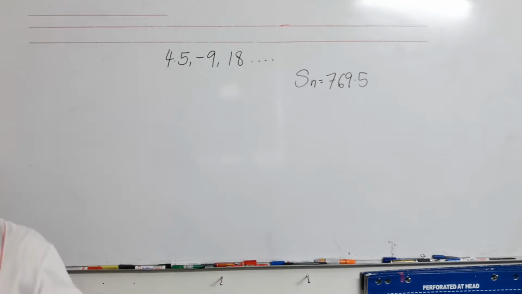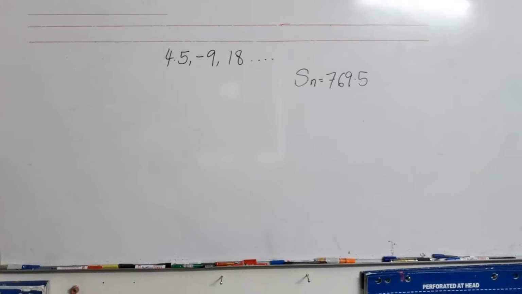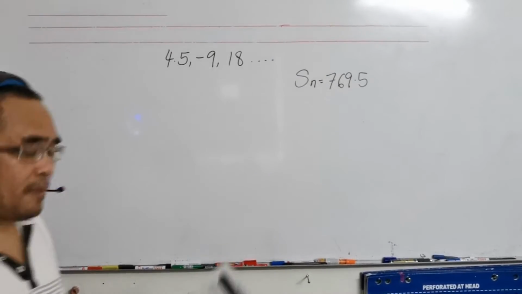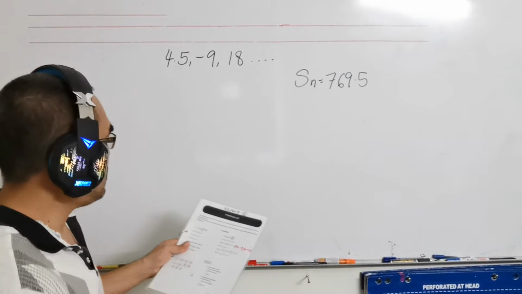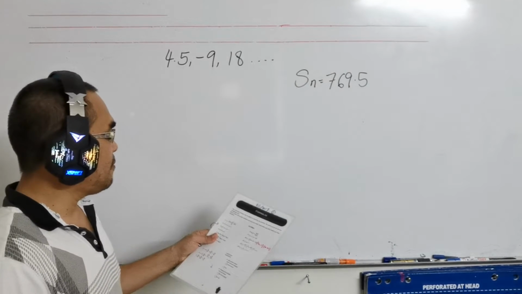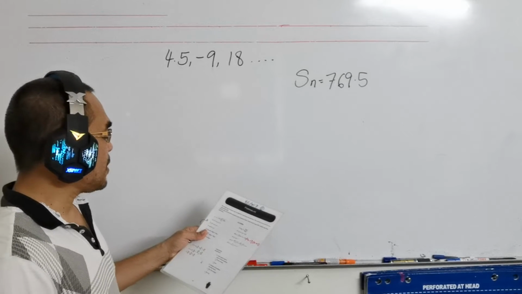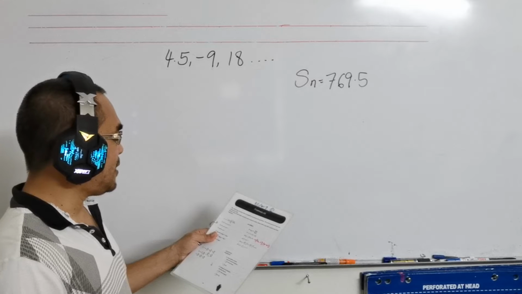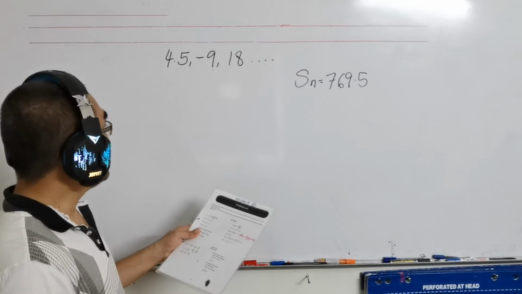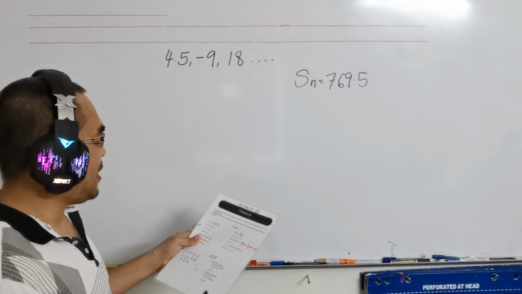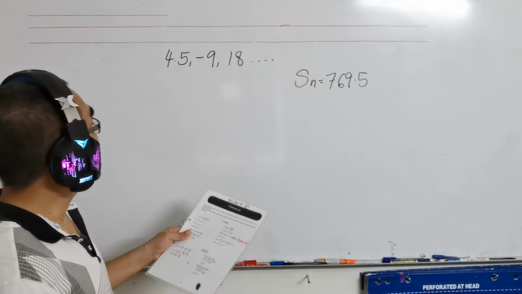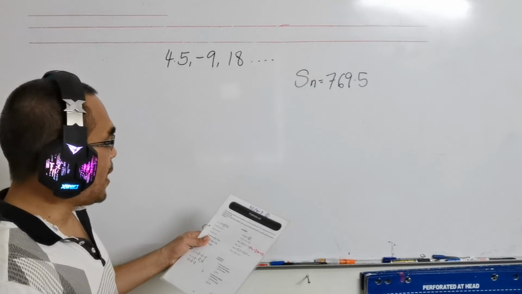Okay, so let's check out the formula for the sum of the first n terms for a geometric progression. So I would take the second one because the value of r is less than 1.